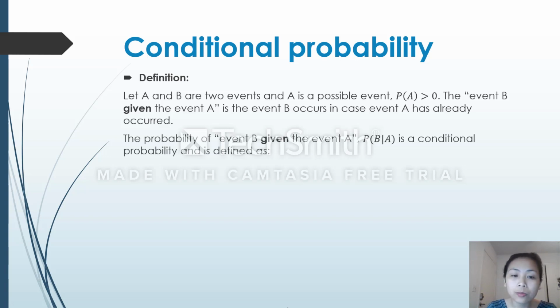The probability of event B given the event A is notated as probability of B slash A, and it is a conditional probability, defined as probability of B slash A is equal to probability of A and B over probability of A. So this is the conditional probability formula. Now if we multiply both sides by probability of A, we have another formula, that is the multiplication rule.